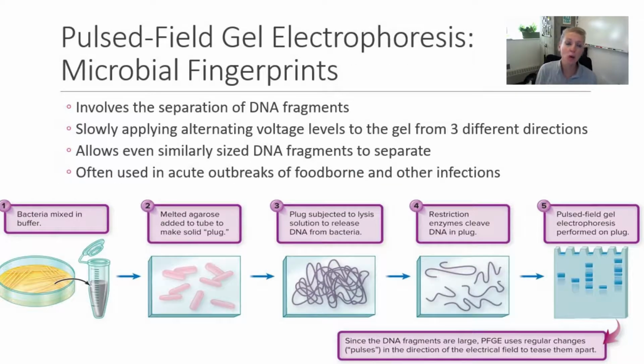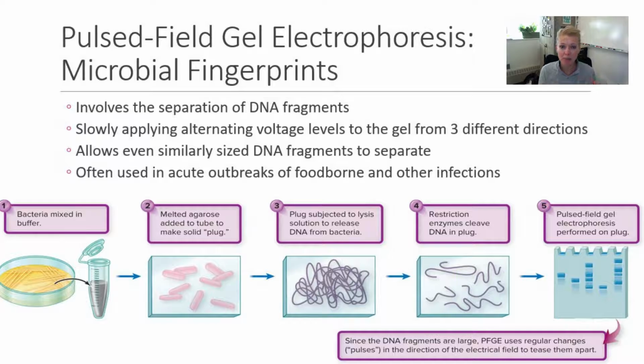An alternative to whole genome sequencing is pulse field gel electrophoresis. In this process, the DNA is still being analyzed from a particular cell, but rather than running the DNA through a gel in one direction, the DNA is broken up into lots of different pieces, and then electricity is applied in different directions across that gel to allow even more separation of these DNA fragments.